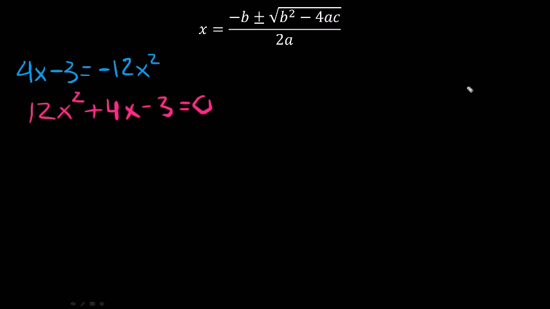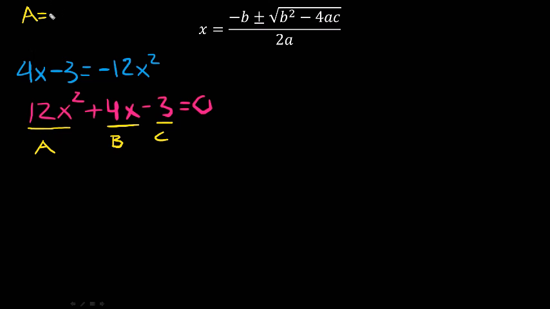Now, if you're wondering what the a's, b's and c's mean, it basically means this. This is your a term. This is your b term, and this is your c term. This applies to any trinomial or any quadratic problem that has three terms.